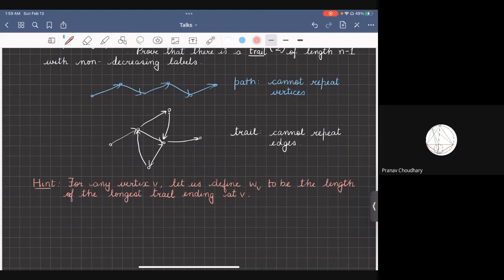So we need to show that there is some v for which w of v is at least n minus one.